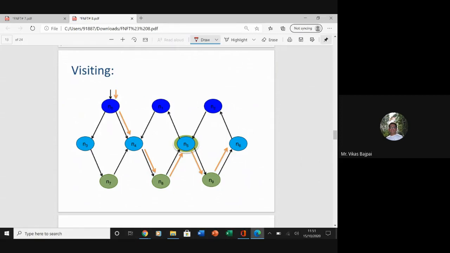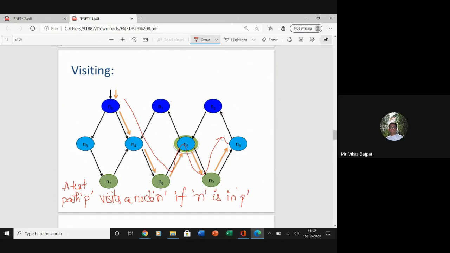In case of visiting, a test path P visits a node N if N is in P. That means visiting means I'm visiting n, and this n is in this particular path, so I'm visiting n.